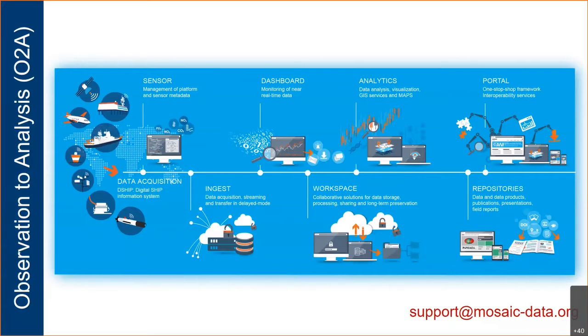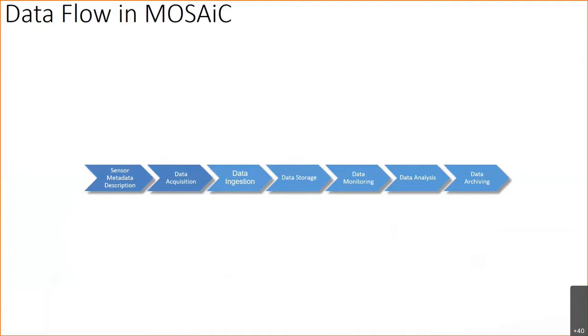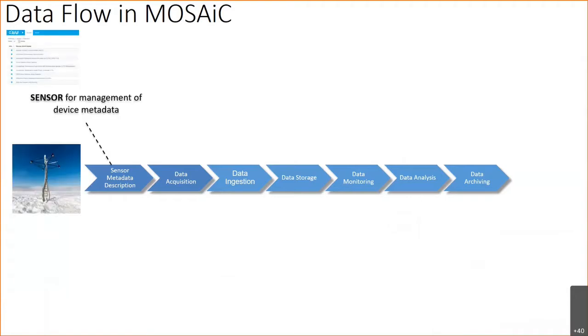Another, for you maybe graphically more familiar, scheme of the O2A concept is this one that's been presented by my colleague Antonia Immers on many occasions before and during the expedition. So I'll go through the individual parts. In the beginning, we have a sensor which produces data.